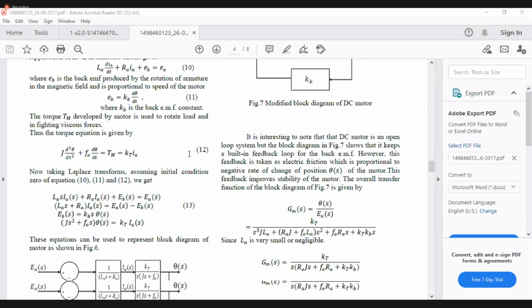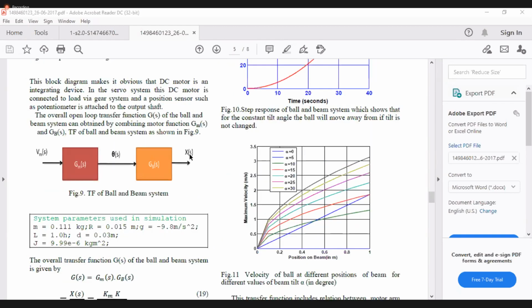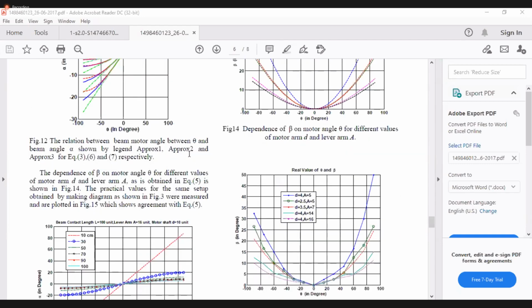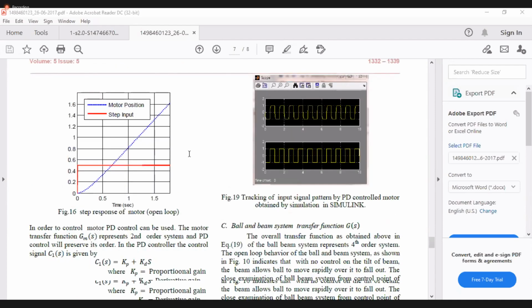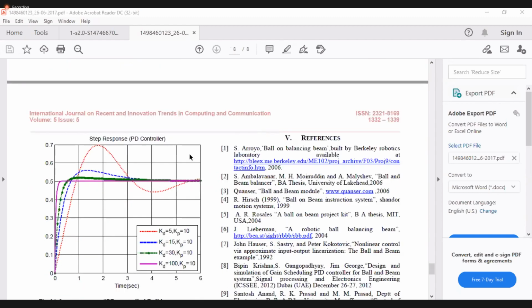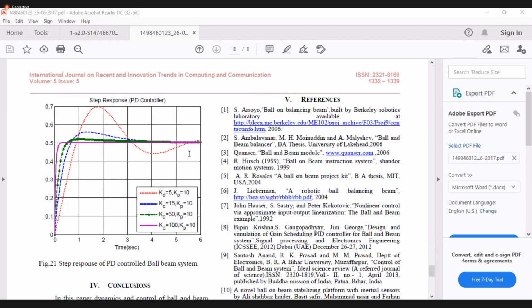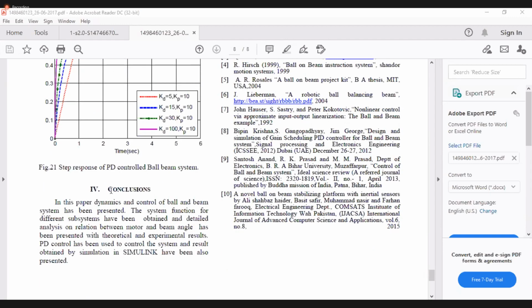Then when you get the model and the transfer function from the model, we're going to apply the three different methods of control that we talk about: PID, pole placement, and linear quadratic regulator. And then we're going to come up with the conclusion.